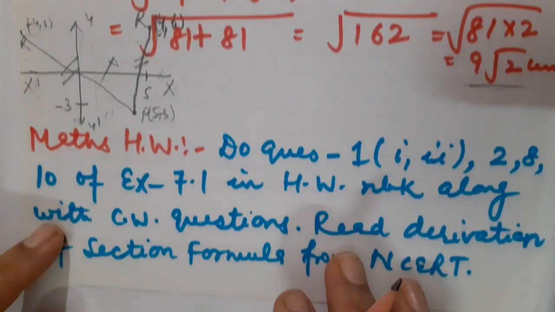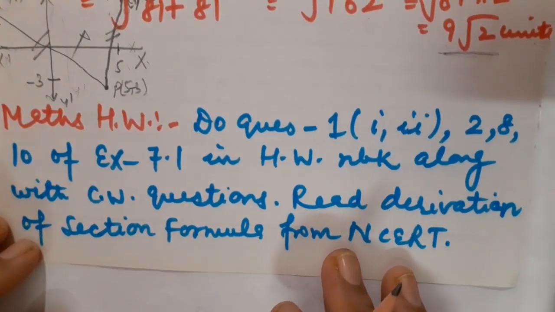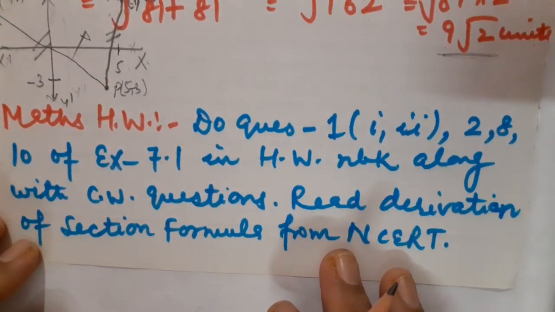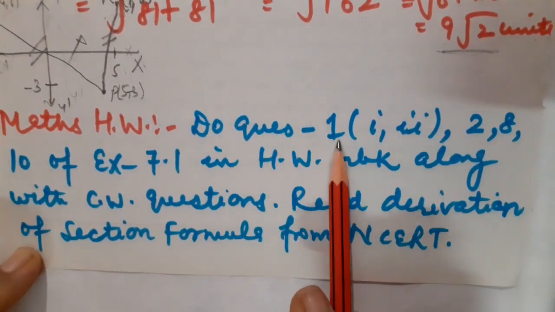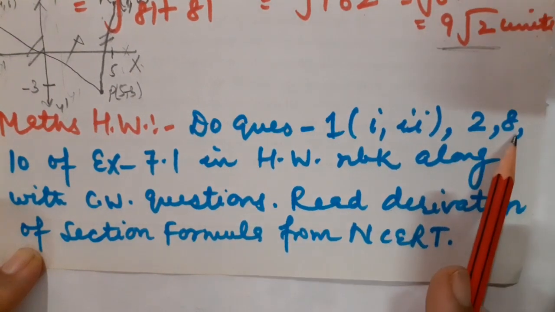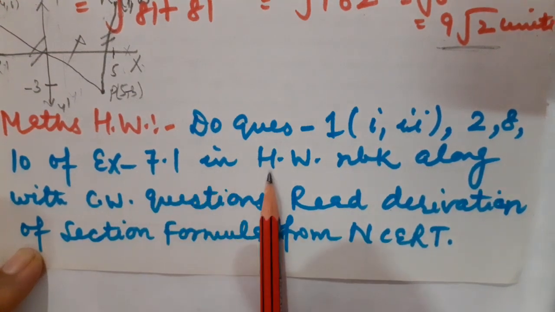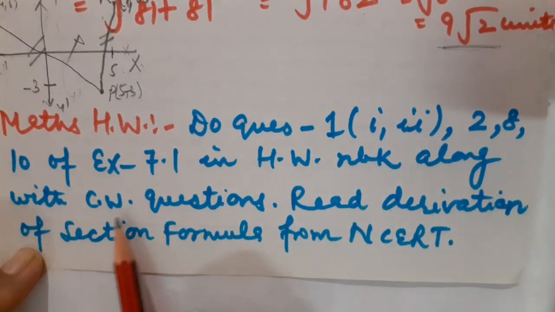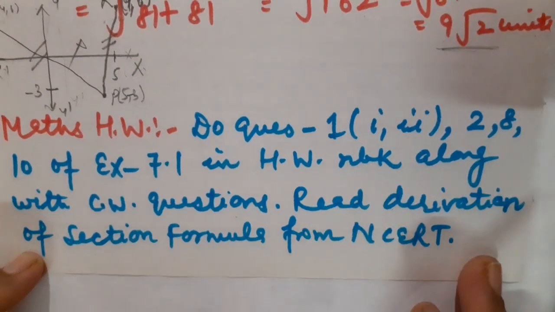Okay. Now this is the time to get mathematics homework. Please learn the derivation which I have taught you today related to the distance formula. And you have to do the questions first part and second part, second question, 8th question and 10th question of exercise 7.1 in the homework notebook along with the classwork questions. And in this classwork I have explained the derivation also.